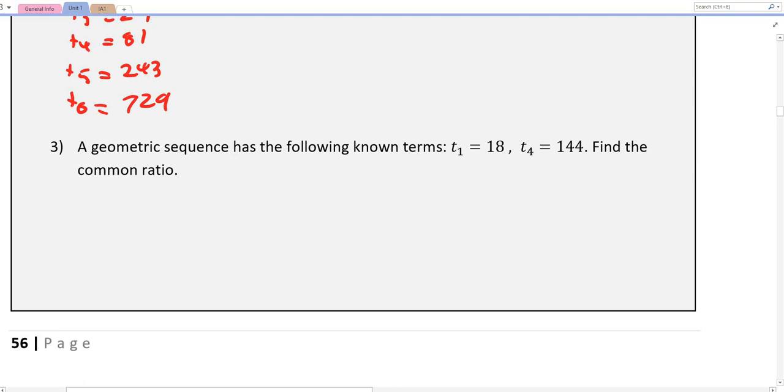T4. Oh, now I have to work backwards. Okay, Lachlan, Sam, I'm concerned that I'm seeing you intently looking at your screens. Let's make sure we're focusing on this, please, guys. How might we go about solving this one? We know T1 and T4. Use the formula. Okay.